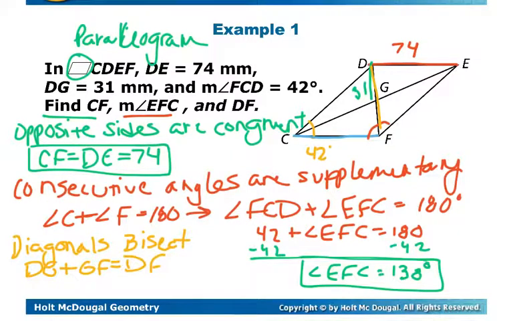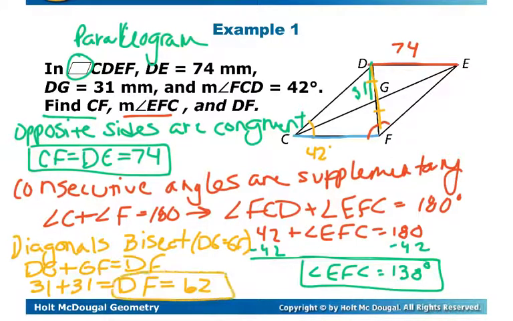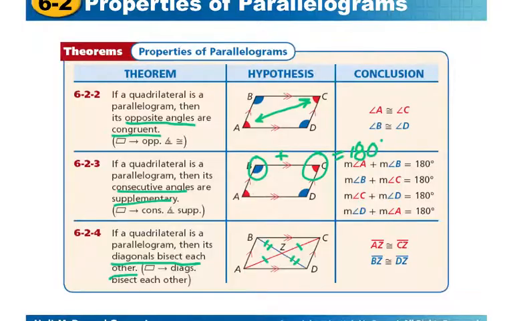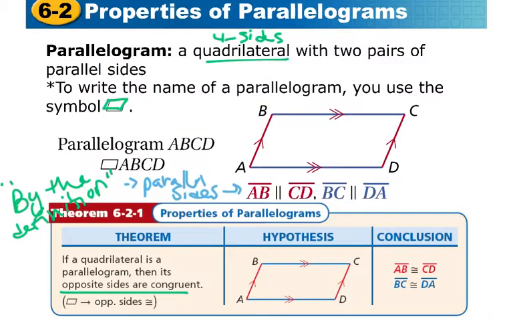But DG is 31, and because DG equals GF from it being bisected, we can add 31 plus 31 to equal DF, which means it's 62. Again, because it was said to be a parallelogram, we have all of these 5 ideas that we can work from.